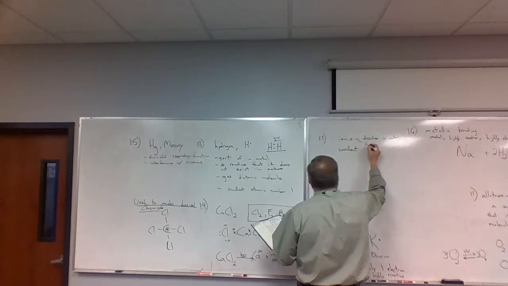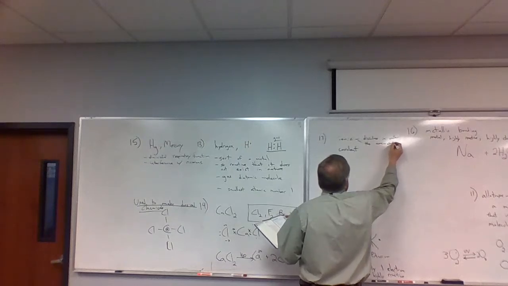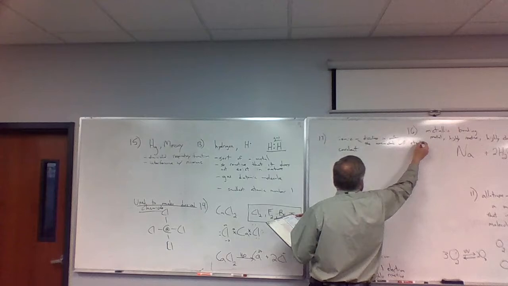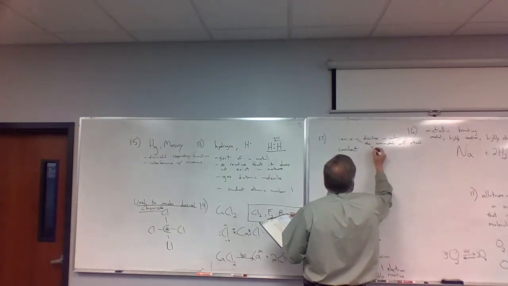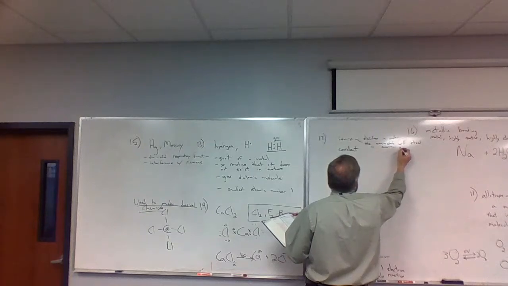Two types of bonds, oh, nonmetal. The nonmetal will steal an electron from a metal.